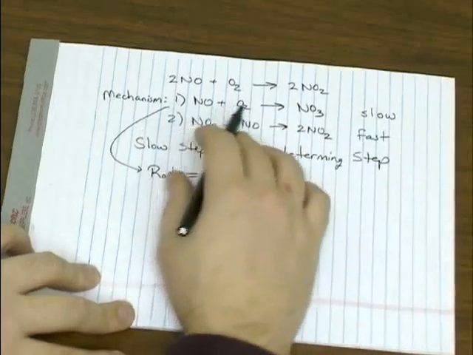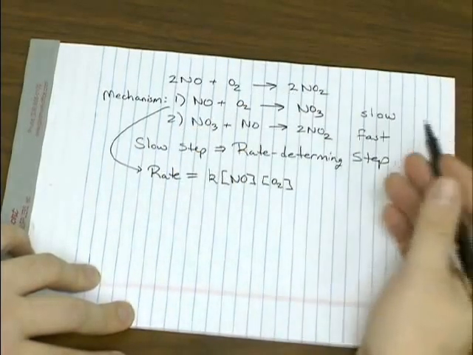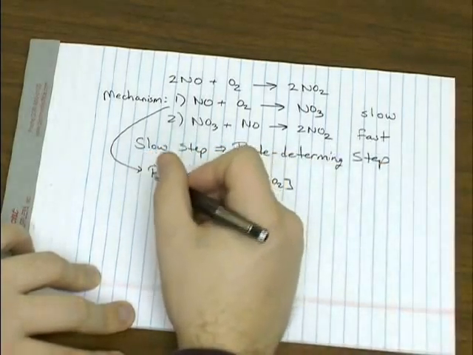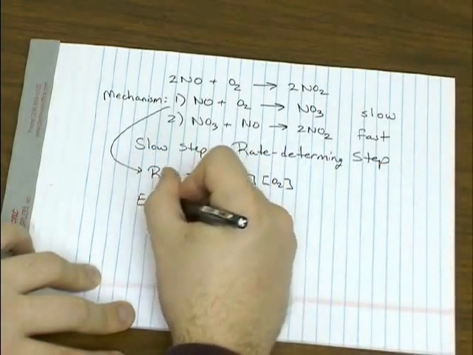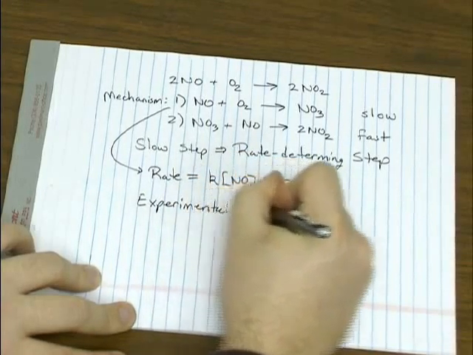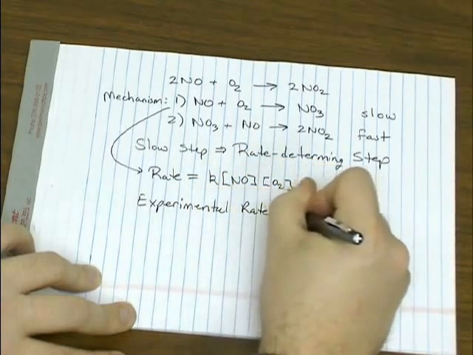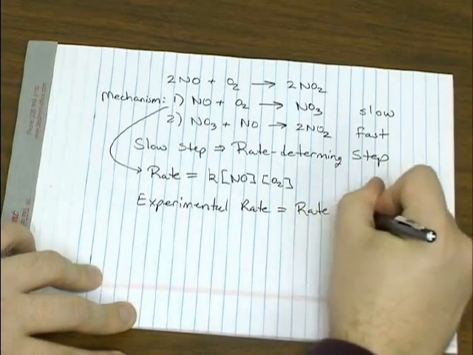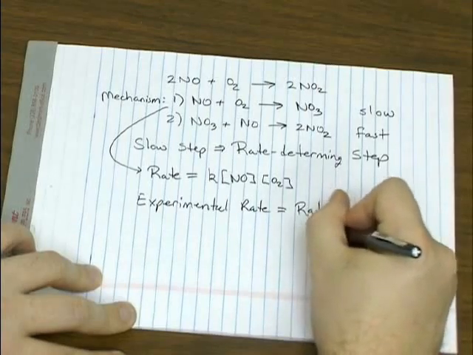and if this step has the most impact on an overall reaction, what you should see is that the experimental rate law should equal the rate law of the rate determining step.